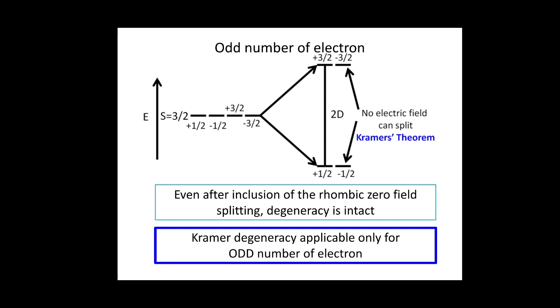Okay guys, if you want to know more about zero field splitting, although I'll make some videos, let me tell you that these are a little bit complicated terms, in the sense that you need to know quantum mechanics to really understand the origin of zero field splitting.